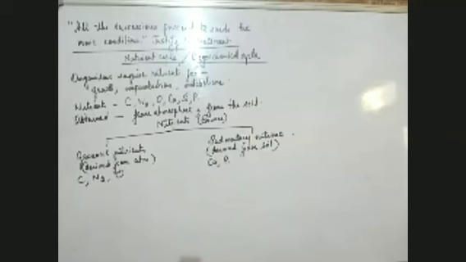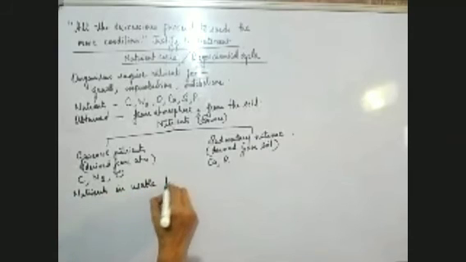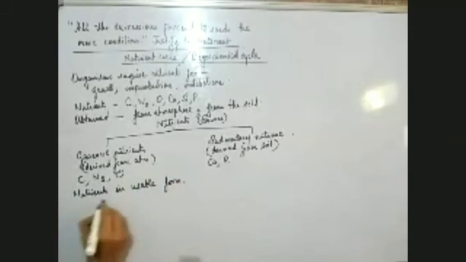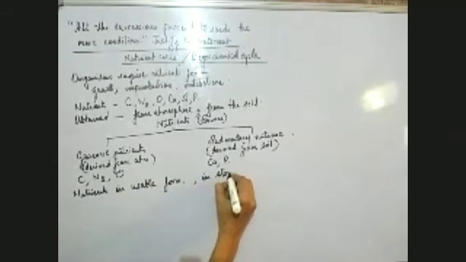Now, one more thing: whether most of the nutrient is in the usable form or in the stored form. We can have the nutrients in usable form, which the organisms can use, or the nutrients can be present in stored form.